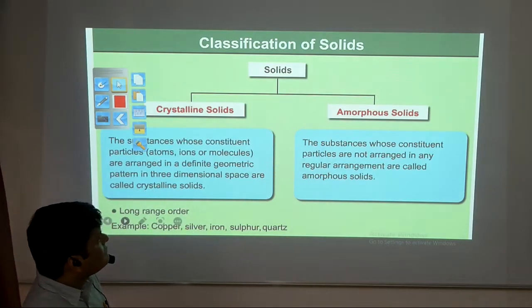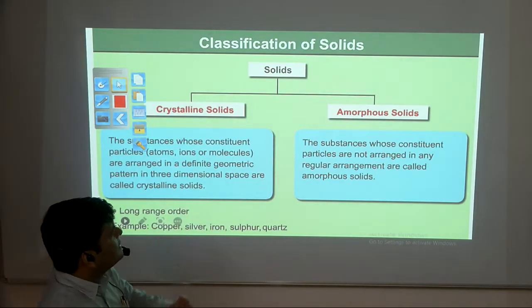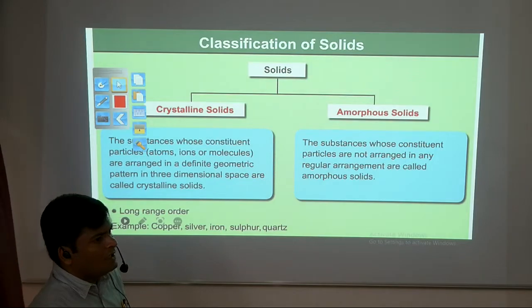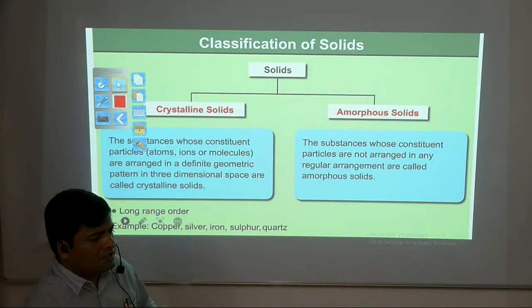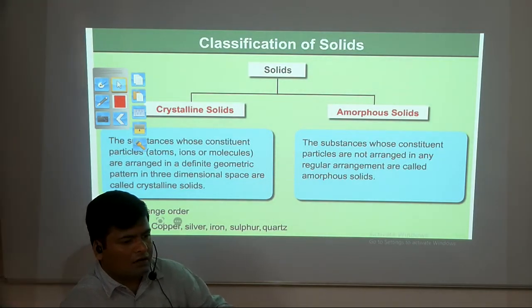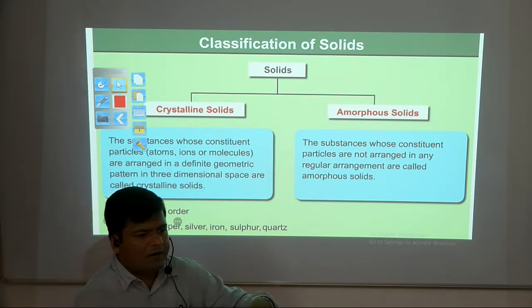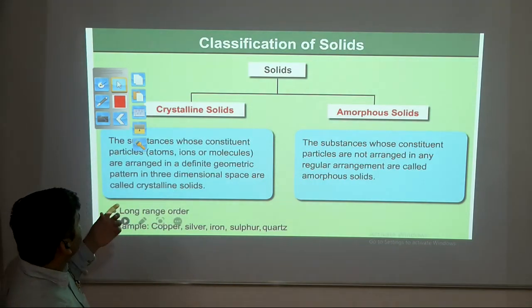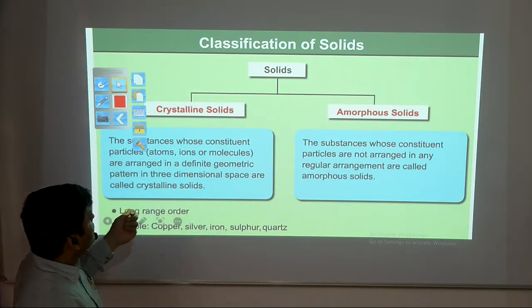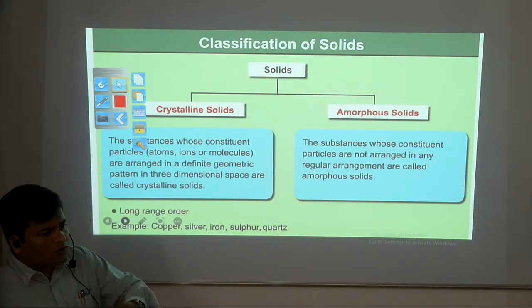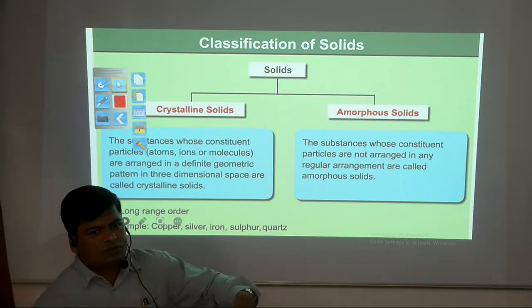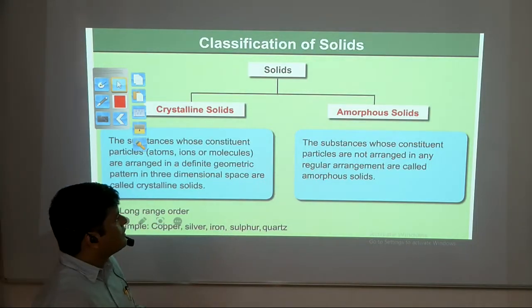Then the question comes, what is the difference between crystalline and amorphous solids? The difference lies in the arrangement of atoms, that is, how the atoms or molecules are arranged in space for that particular type of solid.